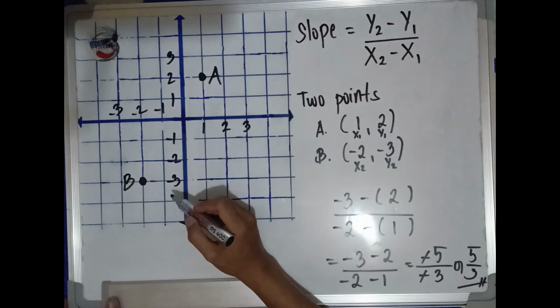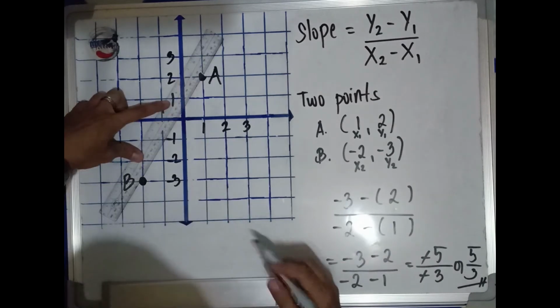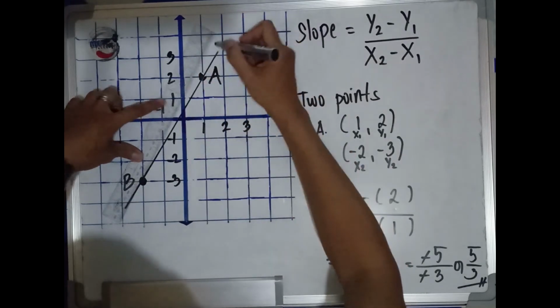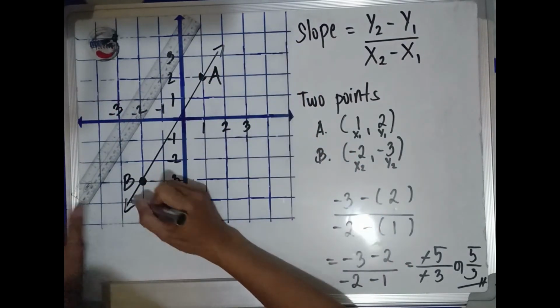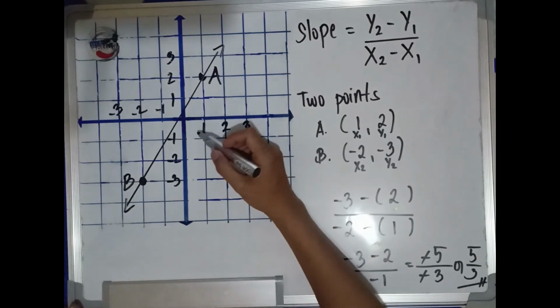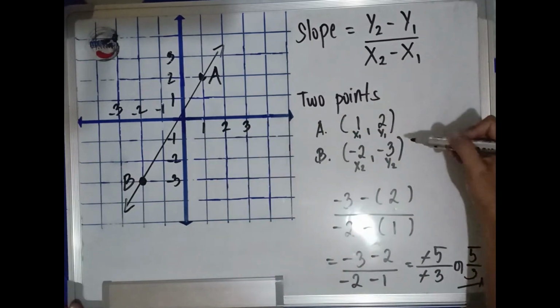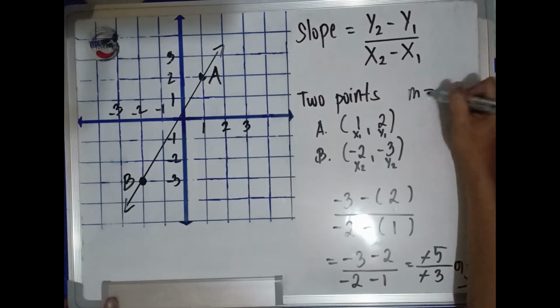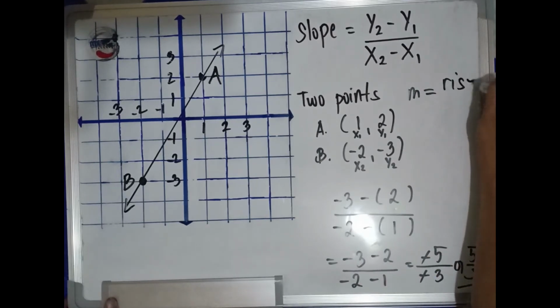Now let us try to connect the 2 points. Okay, so this is the line for these 2 points. Now we know that slope is equal to rise over run.